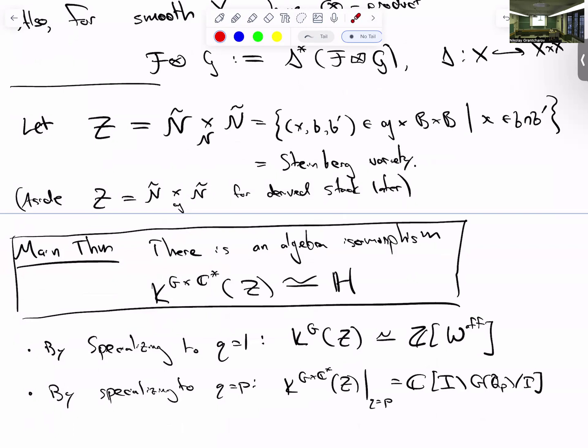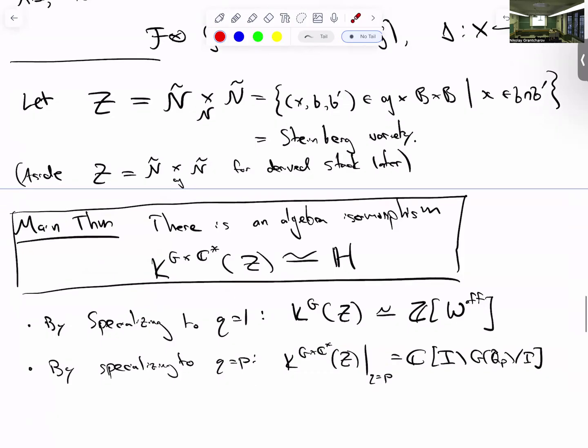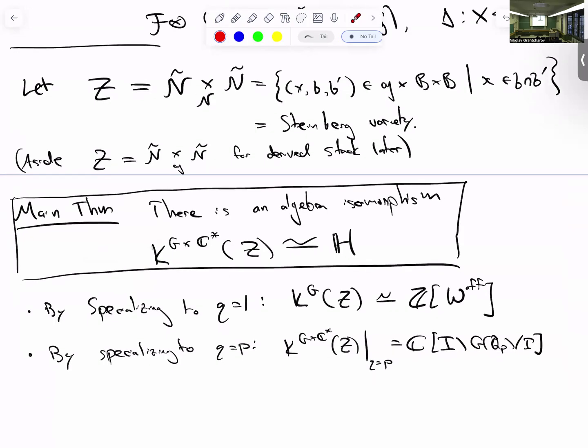So the original plan was to discuss this for SL2, but I decided it's way too technical, so I wrote notes, which I'll post. Let me just discuss a proof sketch in general. It's quite a standard approach, which we see with all sorts of Hecke algebras and their relatives, like DAHAs or geometrization algebras.